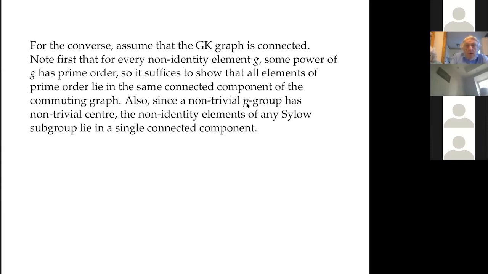And also, a non-trivial p-group has a non-trivial center, so the non-identity elements of any Sylow subgroup lie in a single connected component. So that means if I get an element of prime order in this connected component, I get an entire Sylow subgroup.